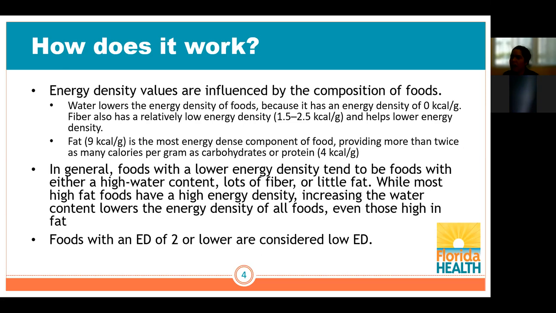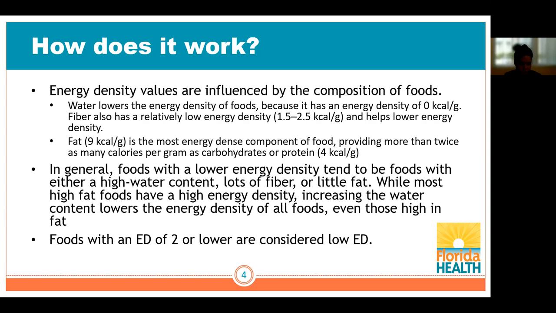If instead of having just plain chicken, you have chicken noodle soup, that chicken noodle soup will have a lower energy density. So our goal is to eat foods with an energy density of 2 or lower.